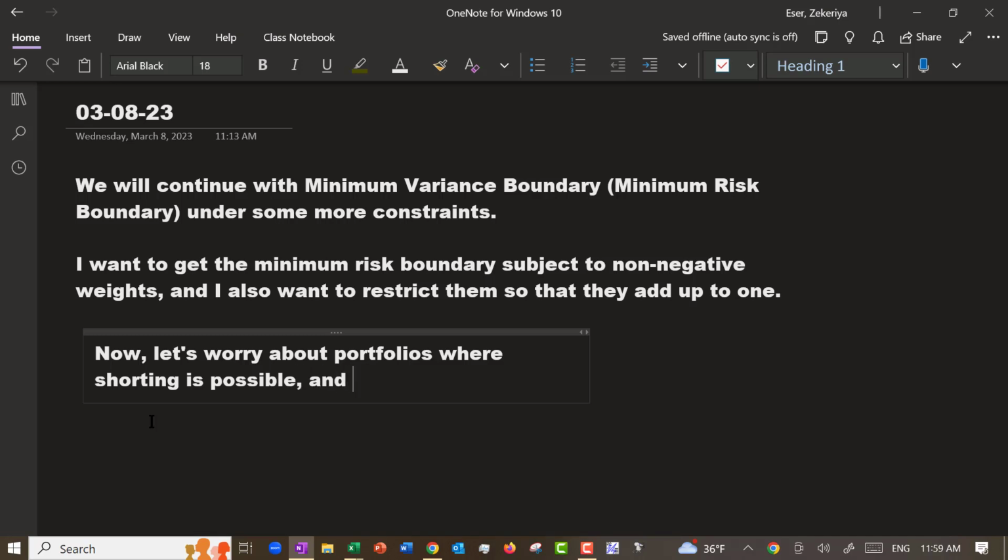And leveraging is also, if shorting is possible, they're going to allow some weights to be greater than 1. Okay. But here's what I'm going to do. Restrictions.